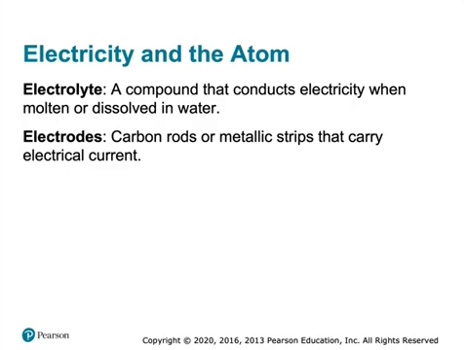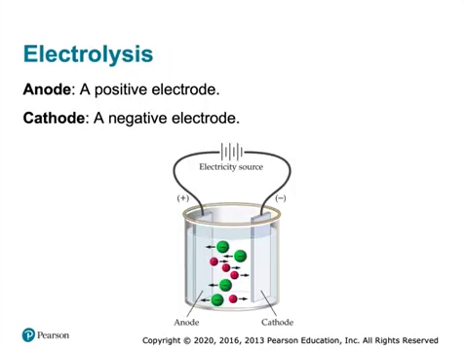Electrodes, these are what carry electrical current. So electrolysis, this is electrolysis of water. This is when we separate things out by their electric field. So the anode is, well, okay.